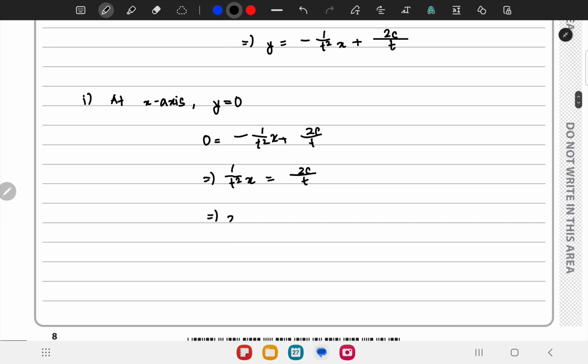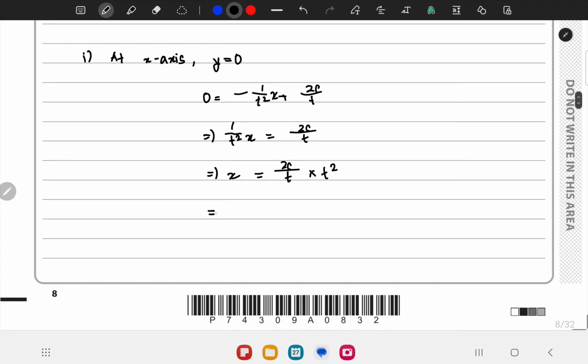So the value of x would be 2c by t divided by 1 by t square, which is 2c by t multiplied by t square. So x would be 2ct and y is 0. So the point A would have coordinates 2ct comma 0.